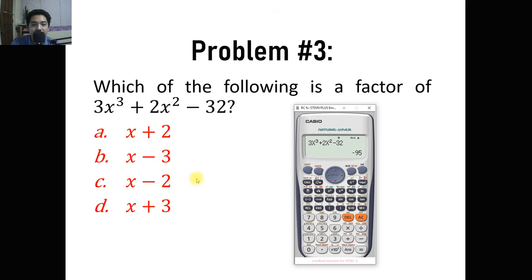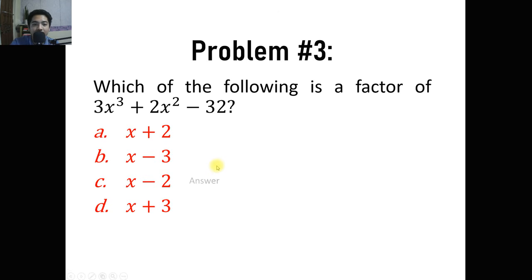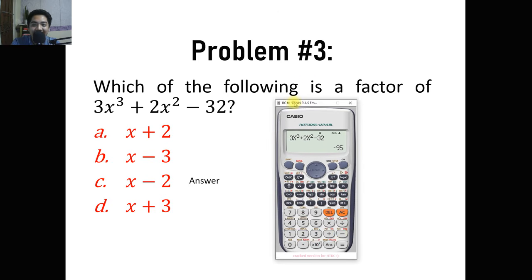Hence, our answer here, x minus 2 is a factor of 3x cubed plus 2x squared minus 32, because when we divide this function by this, the remainder is 0. So letter C again is our answer. It's not always letter C.